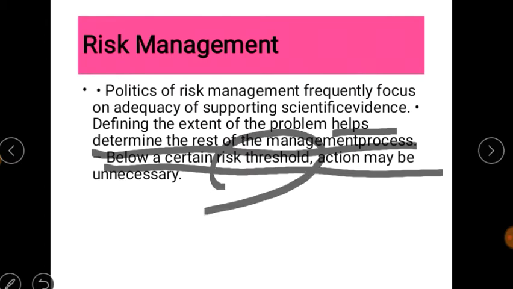If the exposure or the release of the toxins is below the threshold, that means within the level, action may be unnecessary. If the pollutant is coming under the acceptable level or the risk threshold, action is not required to control that risk, to control that pollutant.